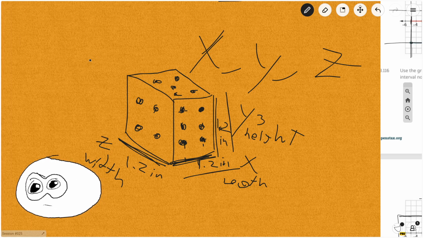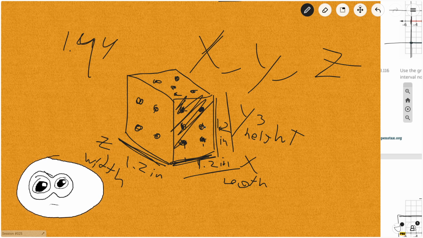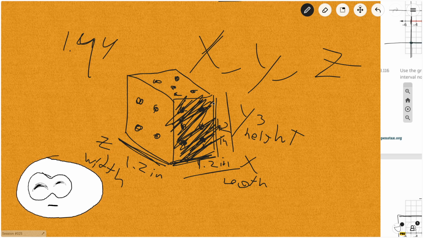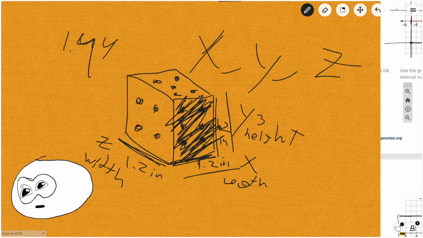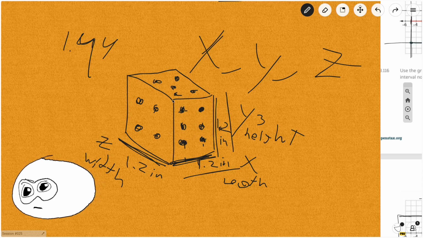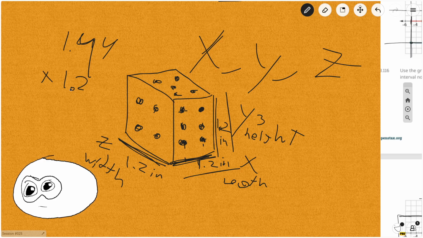That'd be 1.2 squared, which is 1.44. And that is this whole area. And what is the volume for the entire dice? Well, you just do that number times 1.2. And so this whole thing, 1.728.